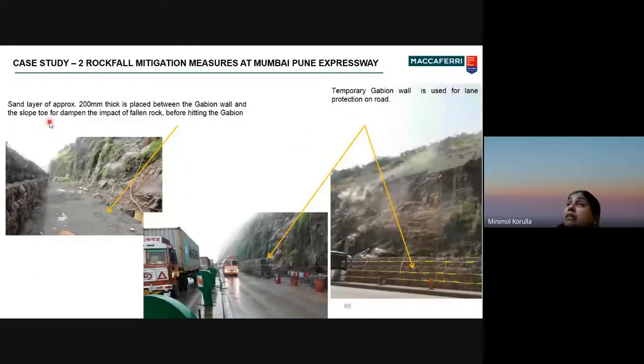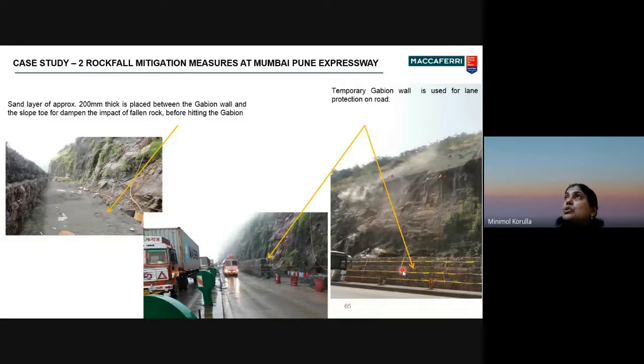Sometimes during the construction, we may have to make quick safety barriers, considering the safety of the laborers involved. So this is a barrier which is created for the safety of the laborers.